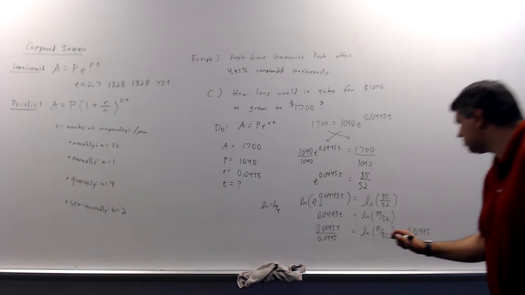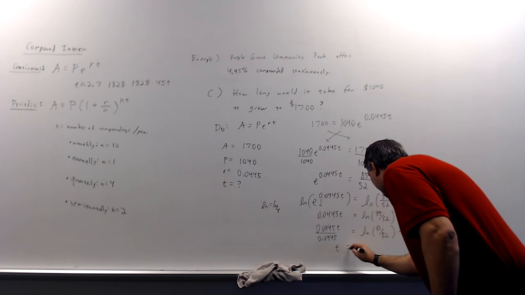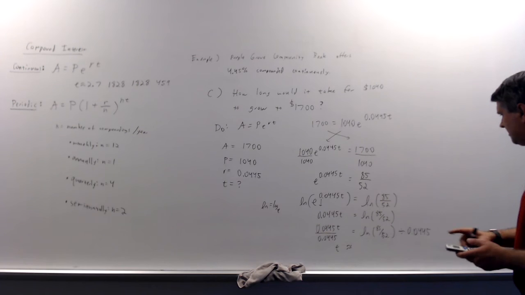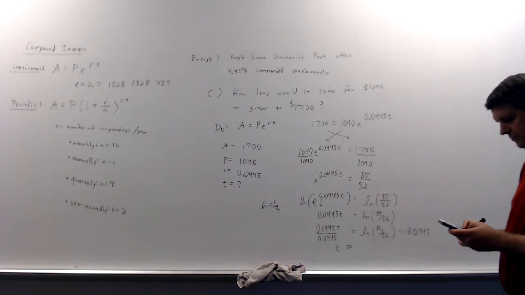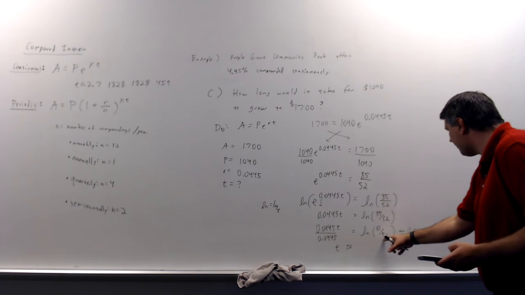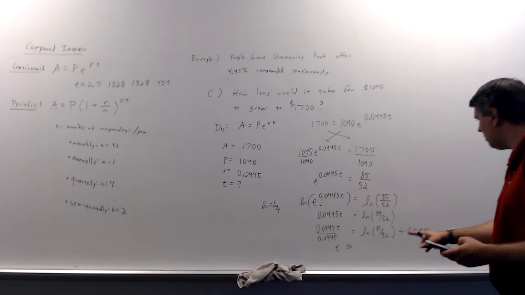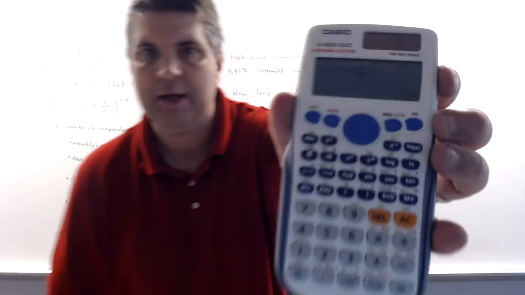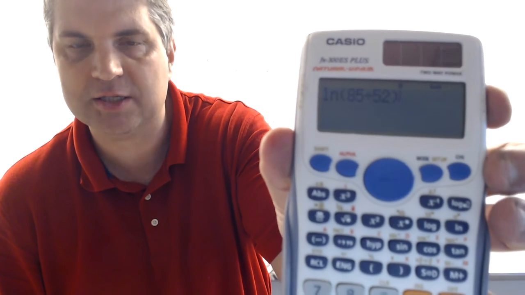So T is approximately, on my calculator, I'm going to type in the ln, 85, division or fraction bar, 52, balance the parentheses. Make sure that the parentheses are balanced.